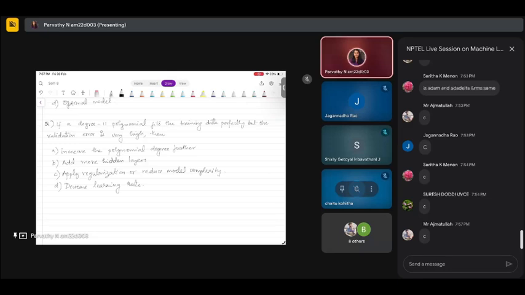Yeah, so if a degree 11 polynomial fits the training data but validation error is very high, then we should apply regularization or we should reduce the polynomial complexity.